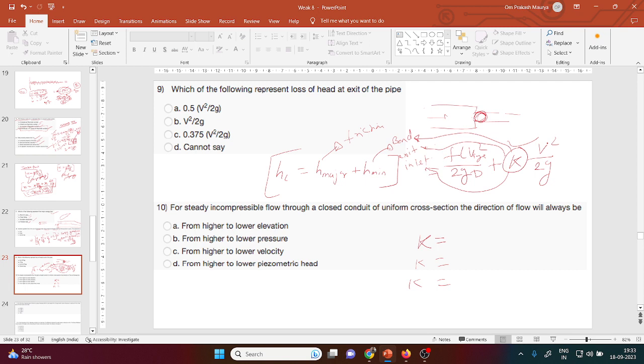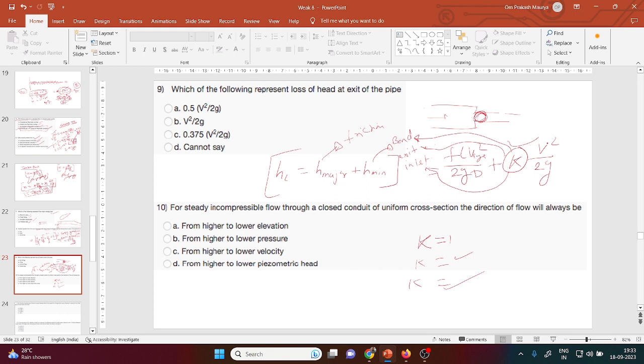For exit actually K is equal to 1, and for inlet it will be different, and for a bend it is different.